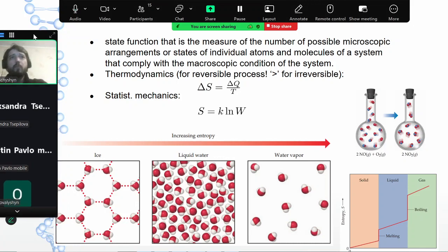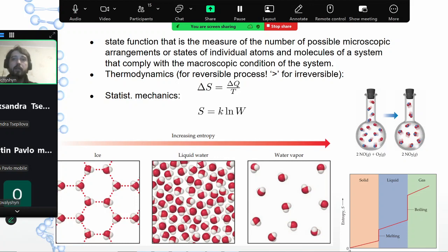Of course, the more microstates you have, probably the more disordered your system will look to you, just because the system has many more ways to wander around. But anyway, here are examples of increasing entropy. Here is ice, and you don't have so many microstates because all your molecules are sitting in one place and they almost cannot move around, just a little bit.